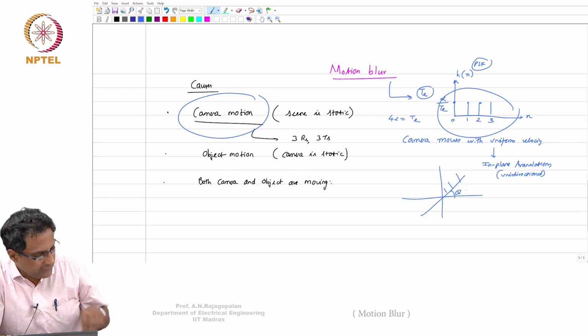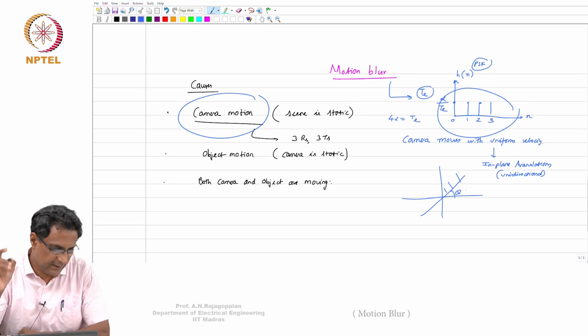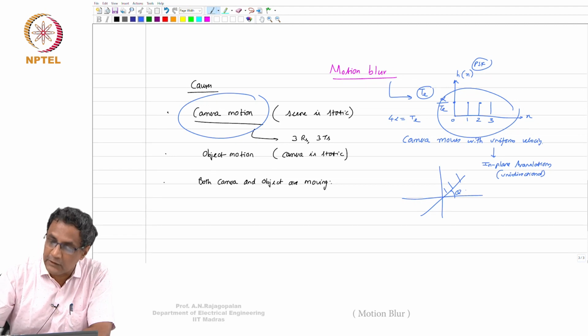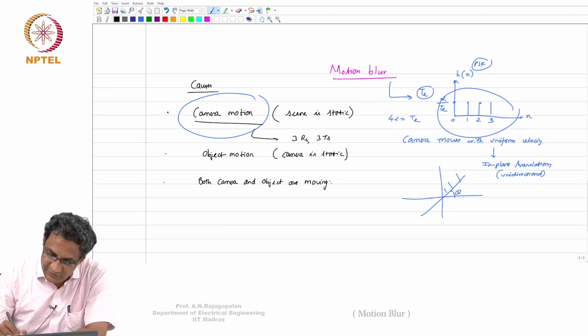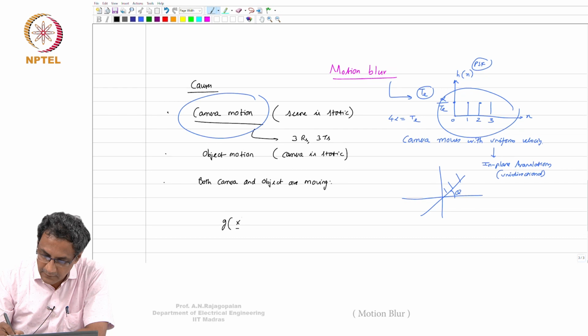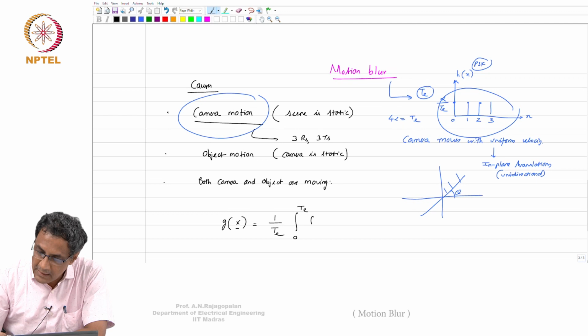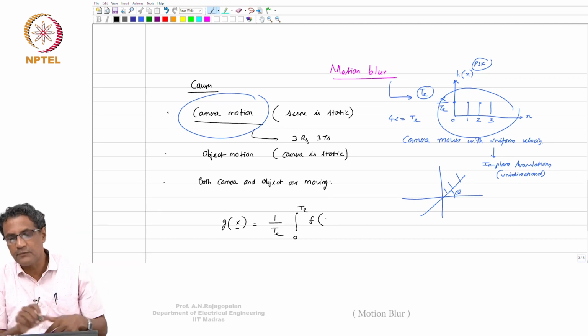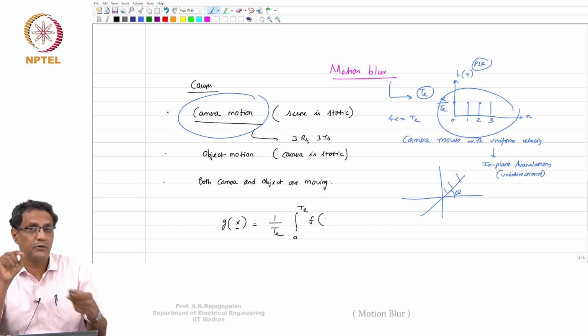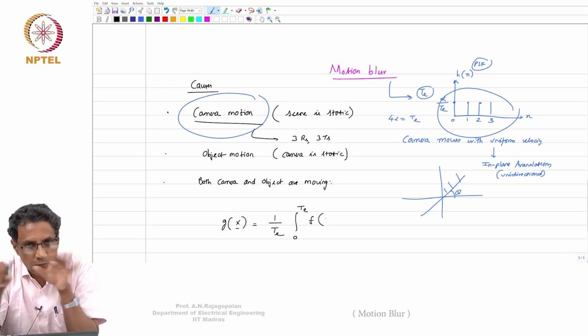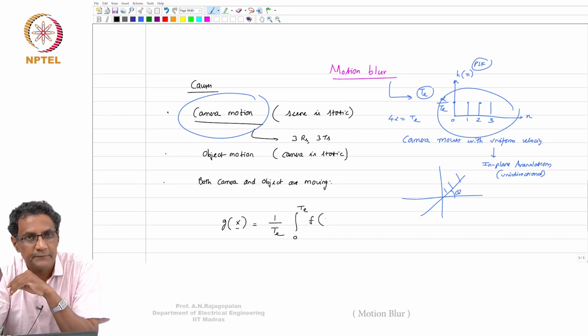But then one equation was known, which I'm going to write and interpret now. The actual larger picture: g of x is equal to 1 by Te, integral from 0 to Te, where Te is the exposure time, the time for which the window is open, of f of h tau of x d tau. Why am I saying this? This is something you can easily relate to, because you have done homographies, and I want to bring that back here.